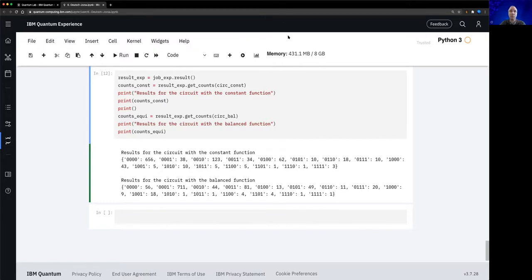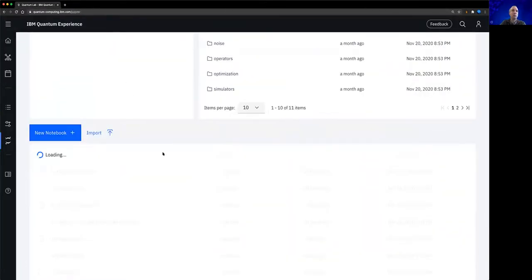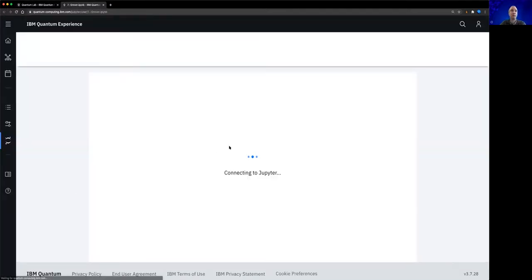So you need to run them several times and, for instance, keep the most frequent solution. Okay, so this is something that I wanted to show you because it's something to take into account when you are doing practical applications in real quantum hardware. Okay, so let me close this and go to my implementation of Grover's algorithm.